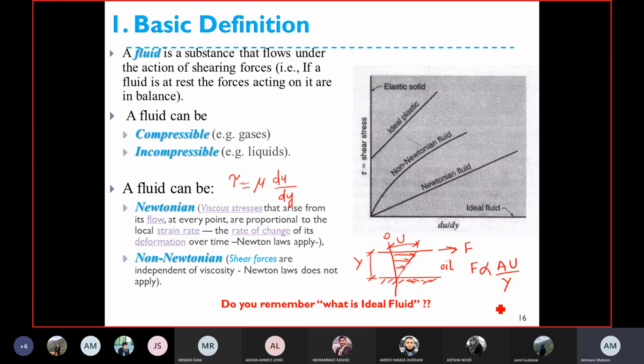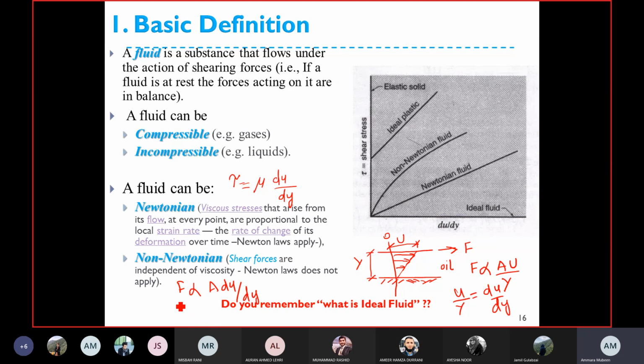So on further simplification of this equation, he also said that this u over y is actually the slope of this velocity gradient, du. We can say that u over y is the slope, which is du over dy. So again, on rewriting this equation, F is directly proportional to area and du over dy.